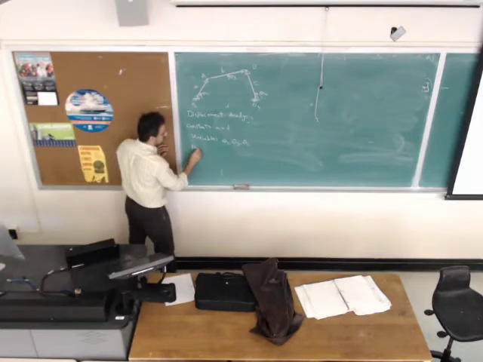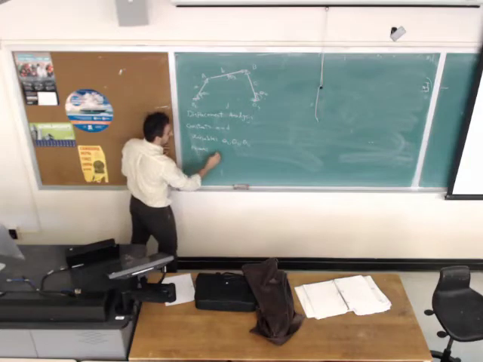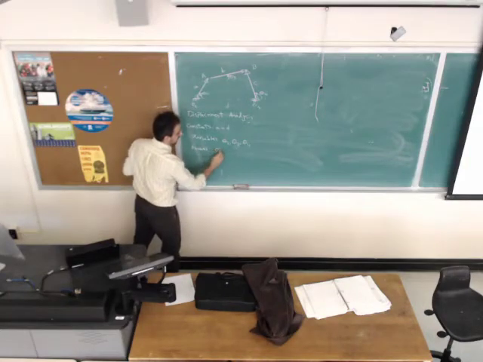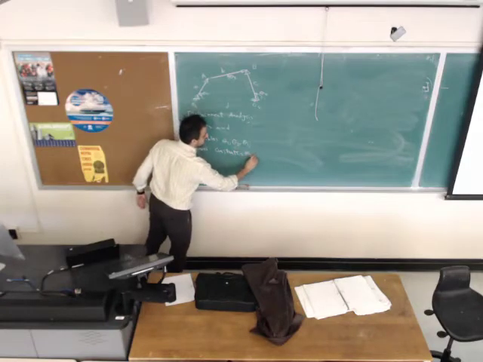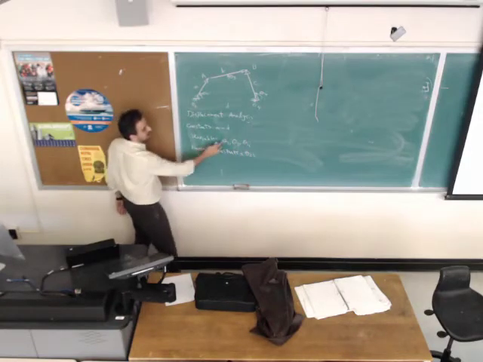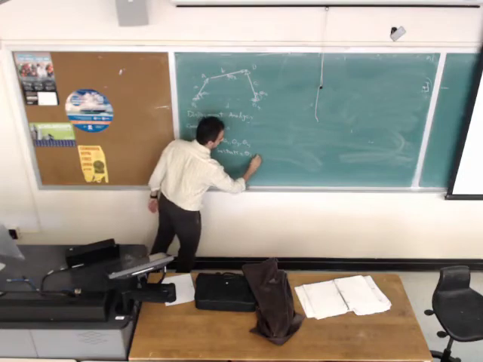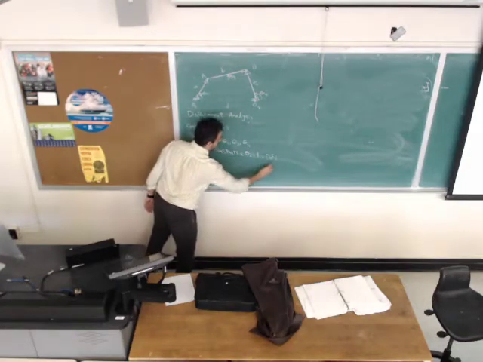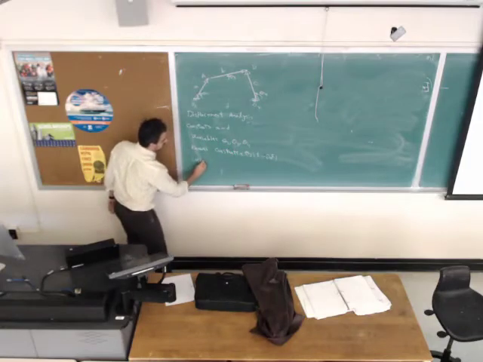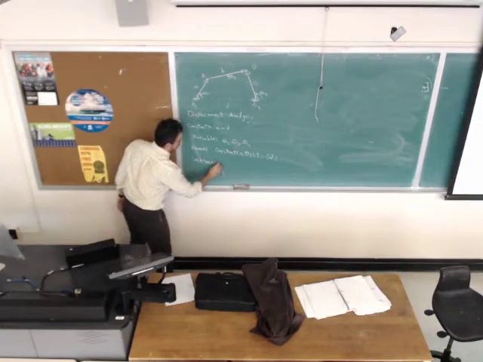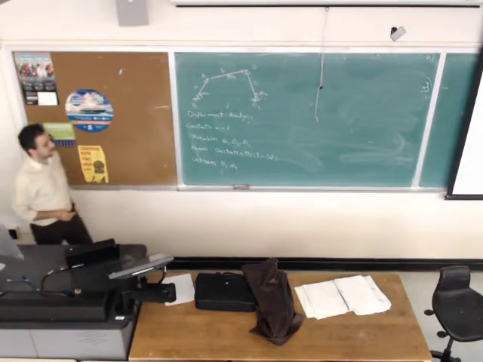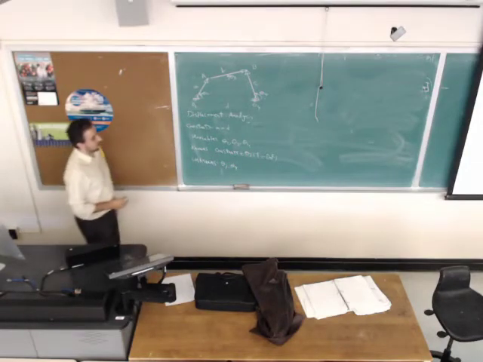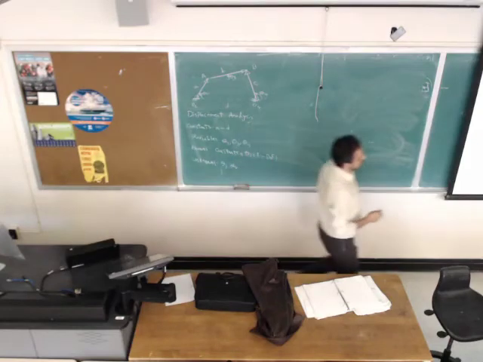The degree of freedom is 1, so one of the variables should be given. Theta 2 is given. So the remaining are unknowns. We solve for theta 3 and theta 4. This is what we did for displacement analysis.